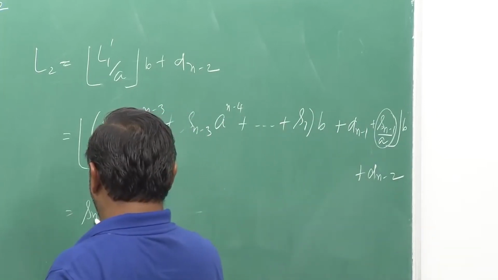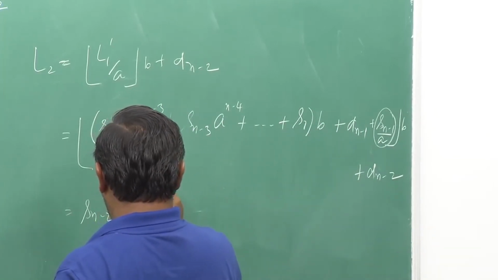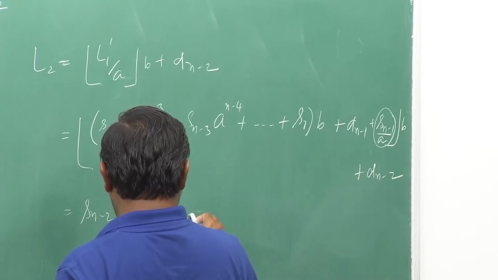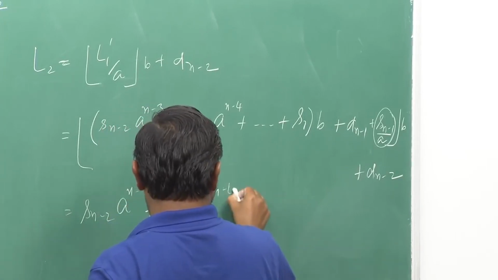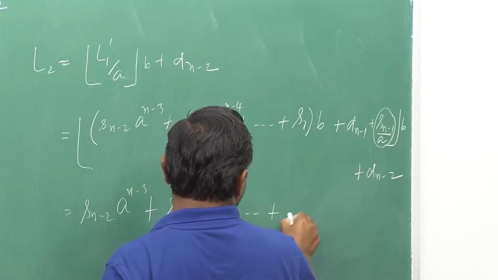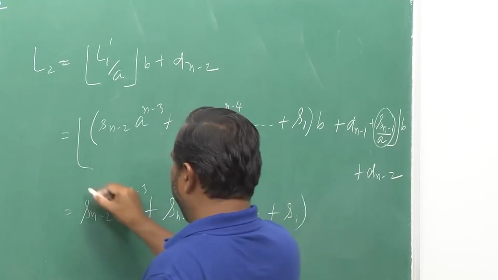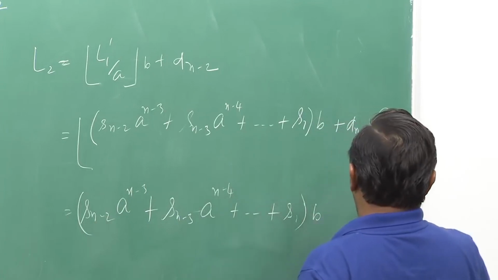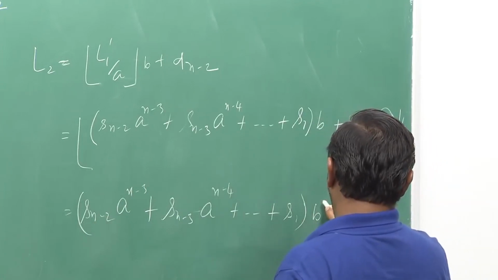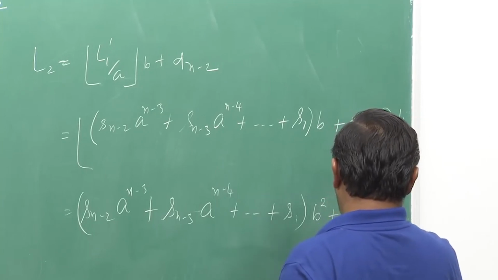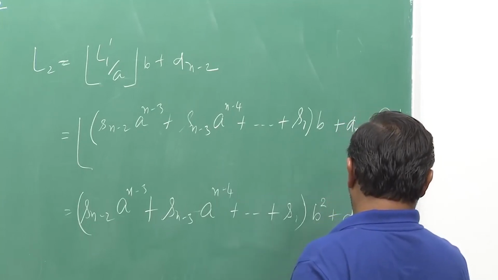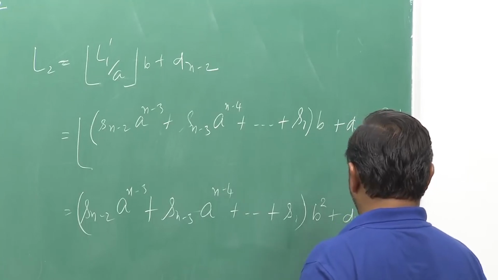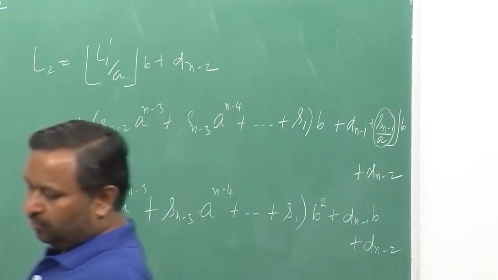So, it will be Sn minus 2. So, since B has to be multiplied later on, this is what you will get as L2.